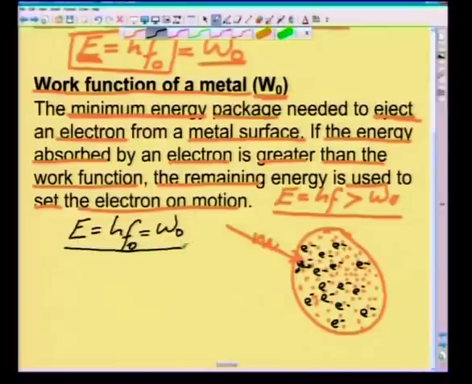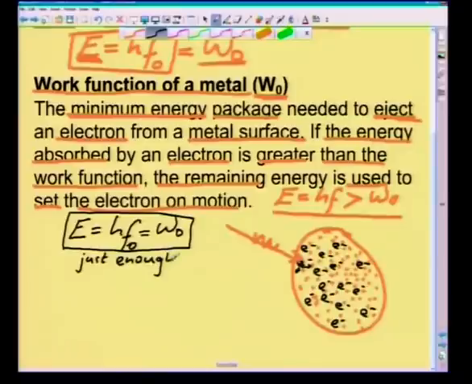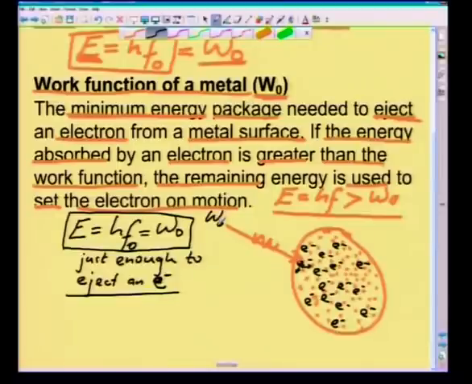Because this energy is just enough, just enough to eject an electron. That's that energy. So this is your energy equals to your work function.